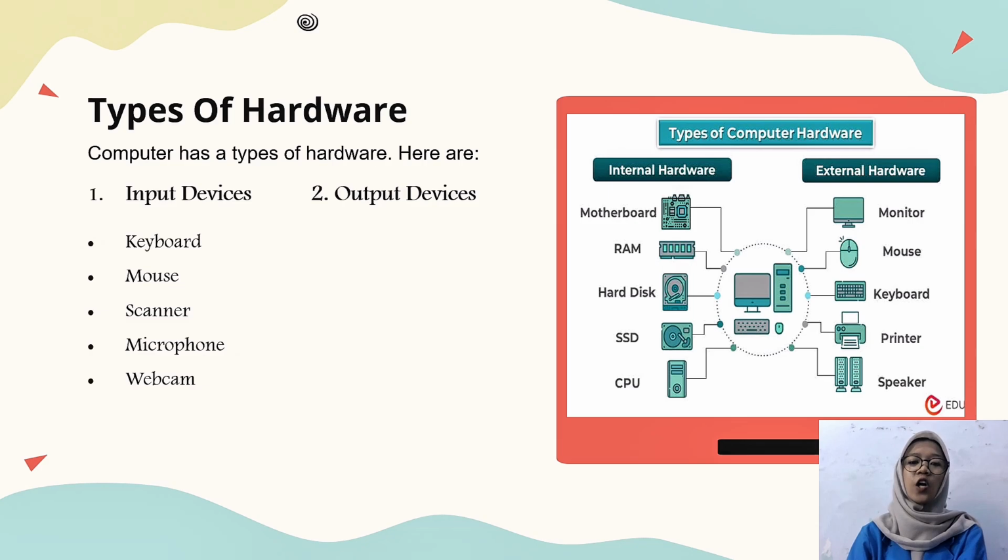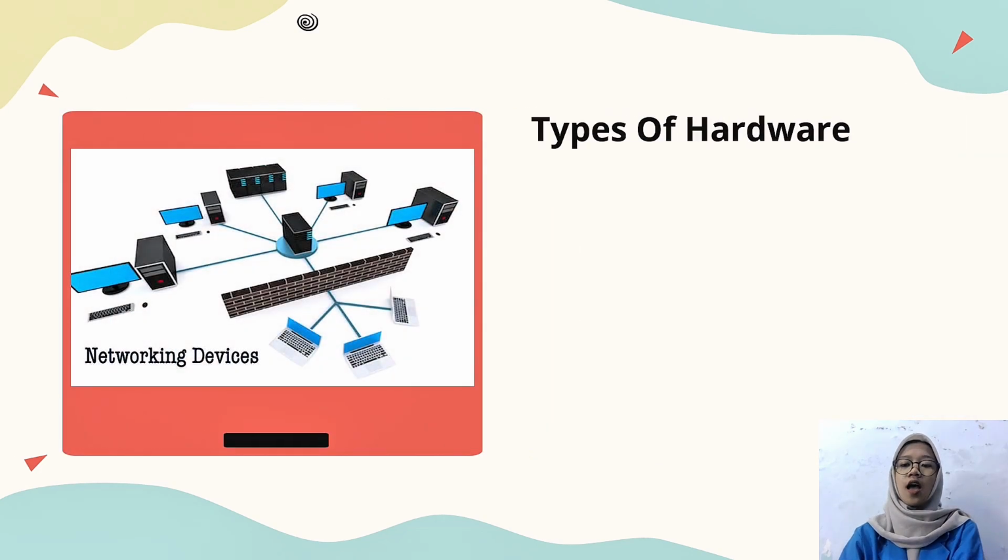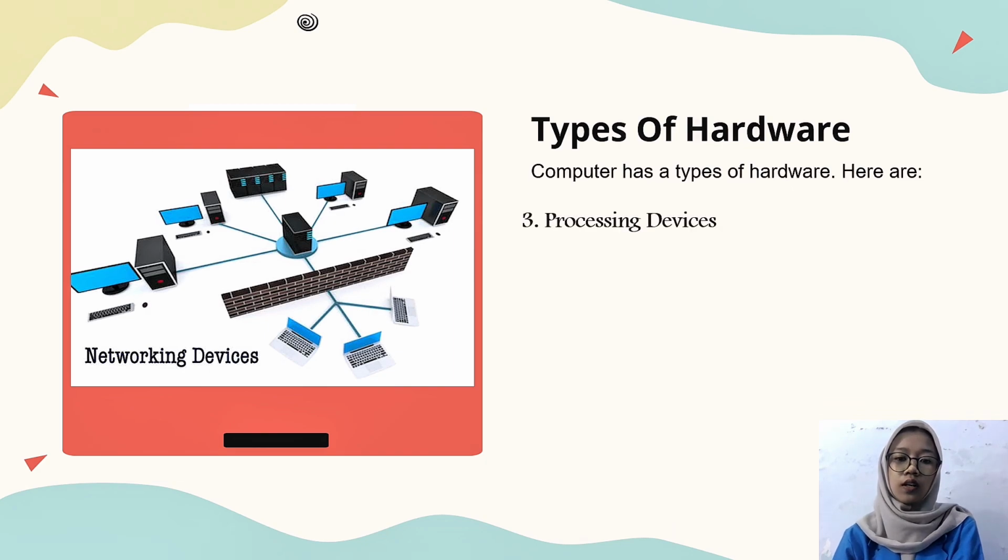And the second is output devices. An output device is a computer device that is used to output data from a computer system, like monitor, printer, speakers, projector. And among the types of hardware, there are also processing devices.